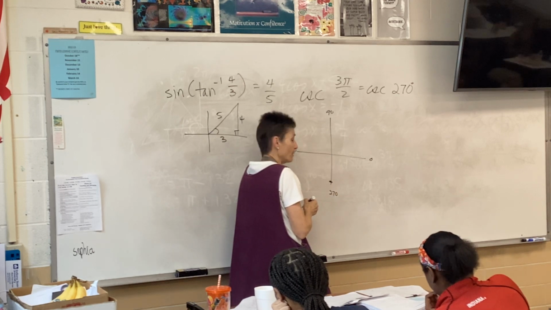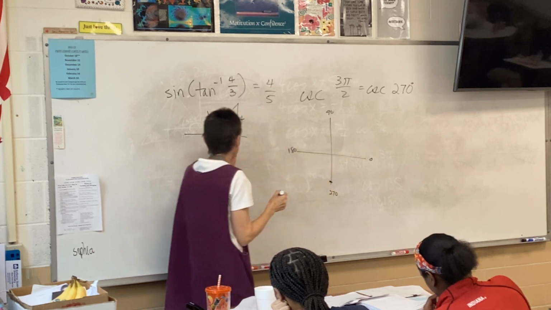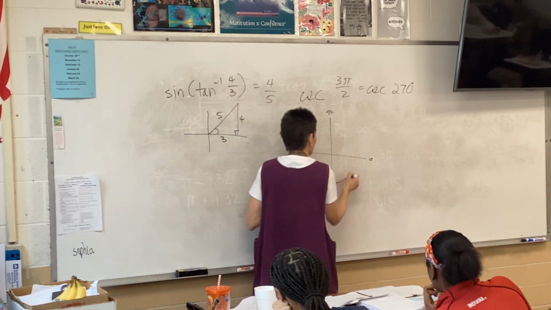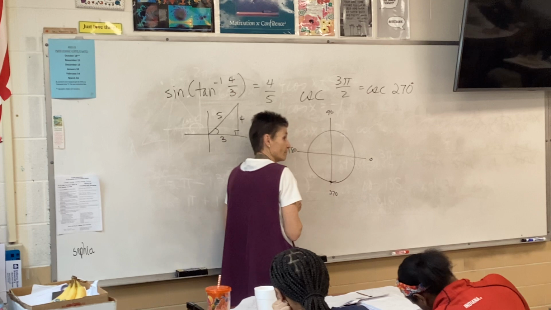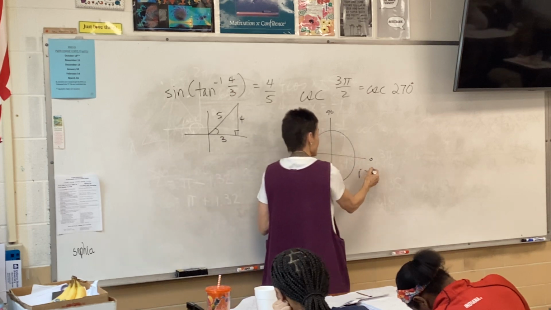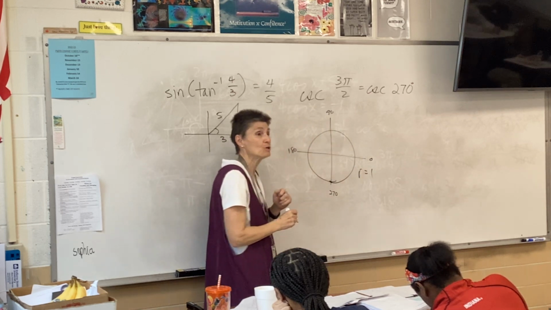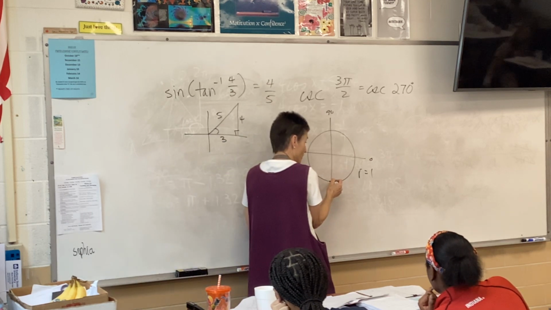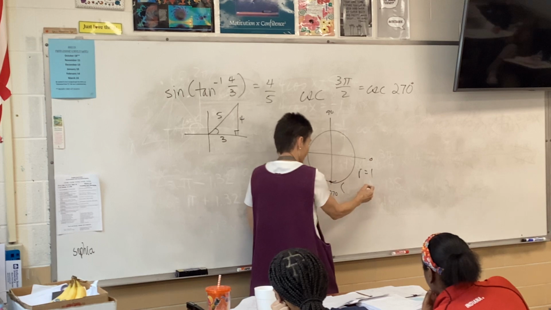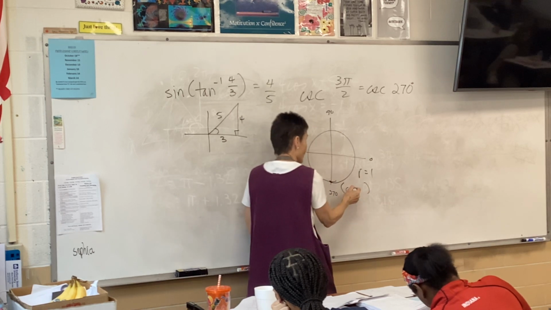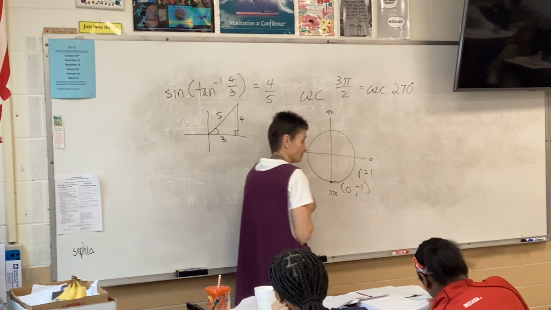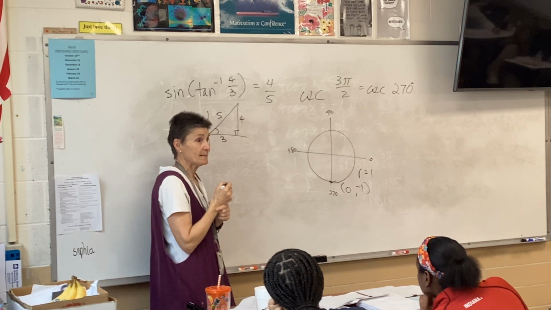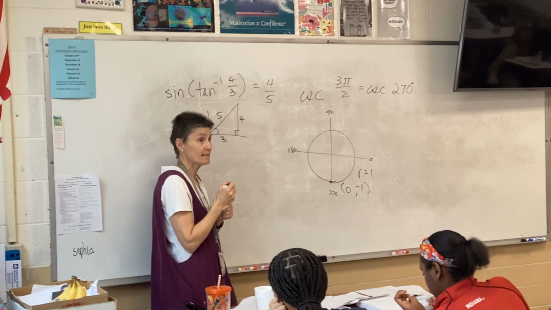Right? And when it's down there like that, I can't draw a triangle. Well, I can't draw a triangle, so I do draw a circle with a radius of 1, called the unit circle. And that point right there would be then (0, -1). And I need the cosecant.